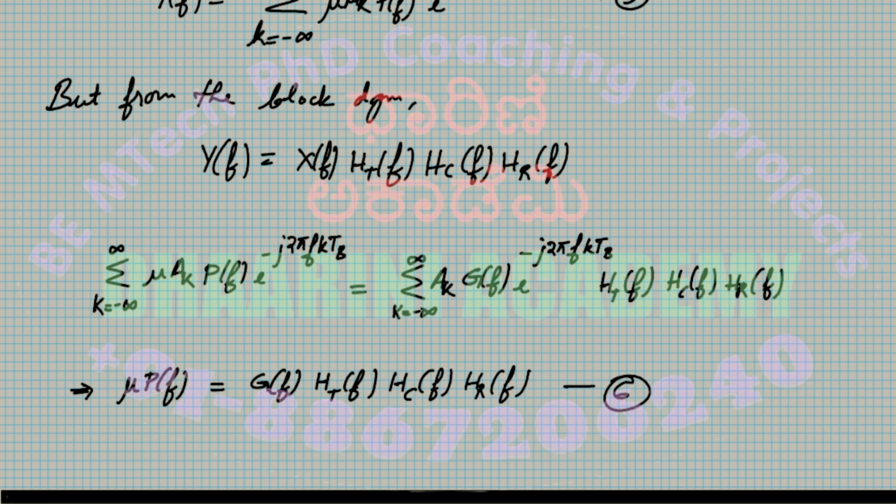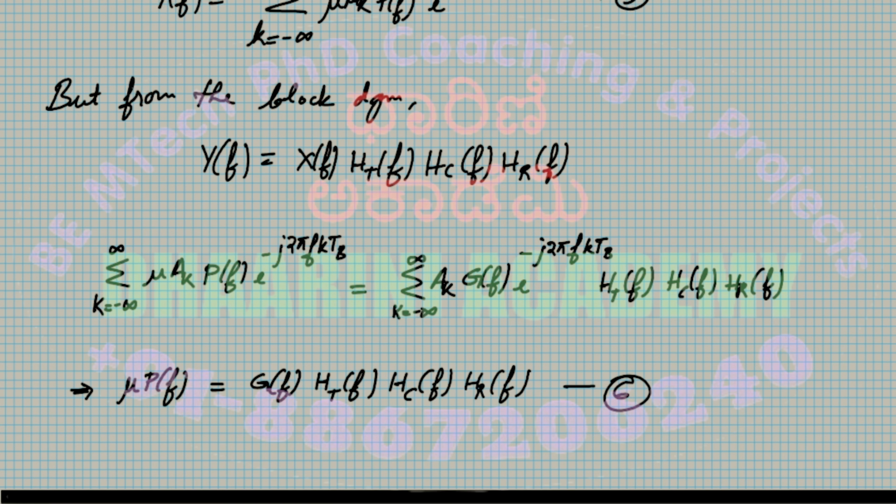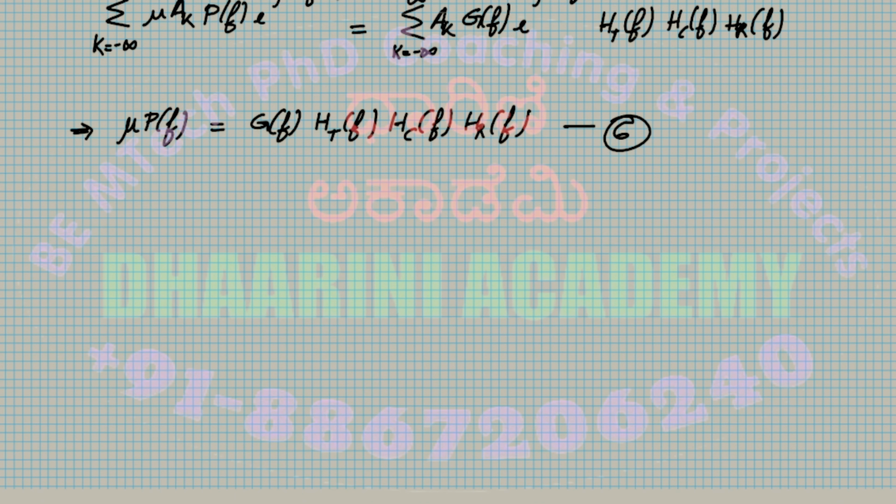Now my intention is that I want to take the inverse Fourier representation. I don't want to keep it in the frequency domain. I want to come back to the time domain, so that I can see what is going to happen to my equation in the time domain.